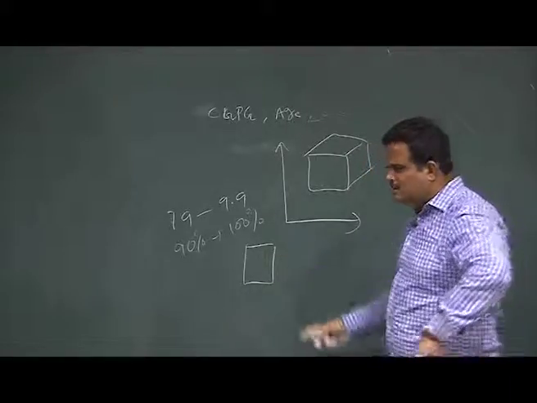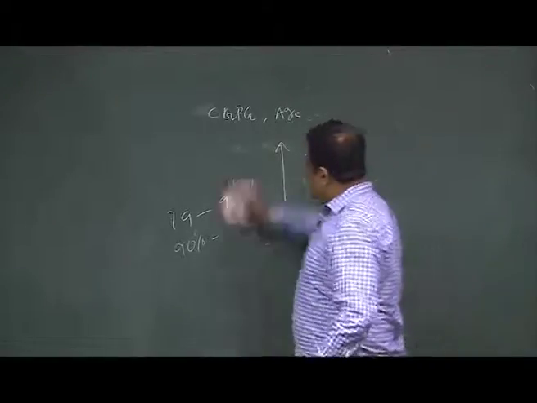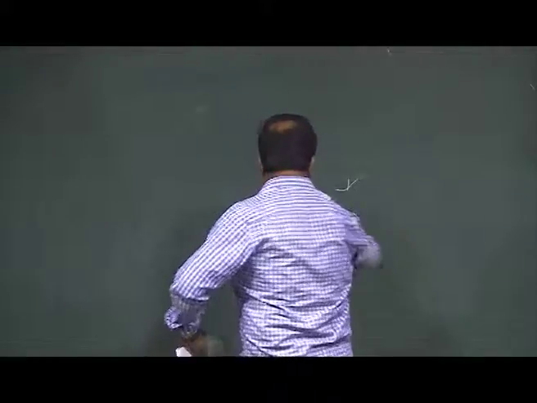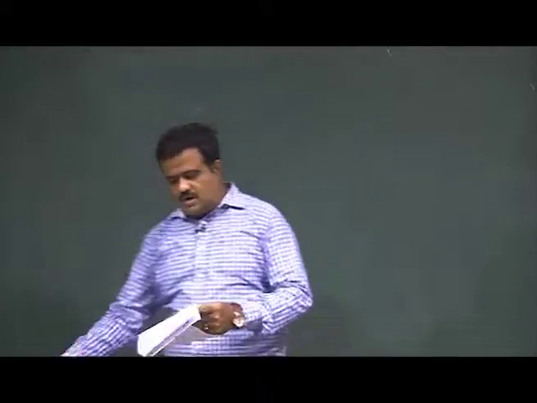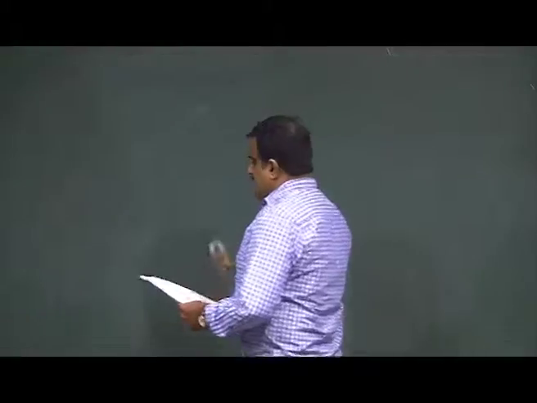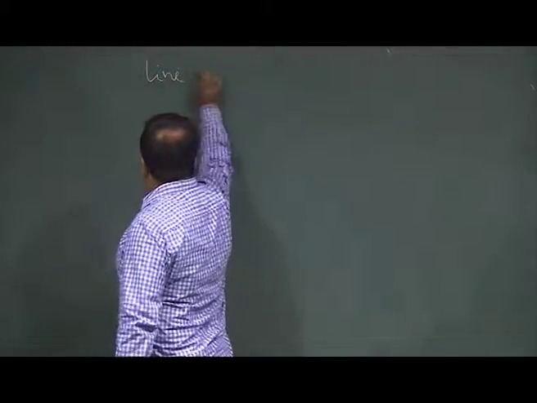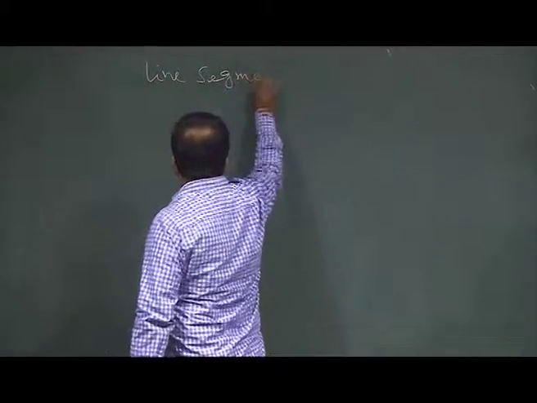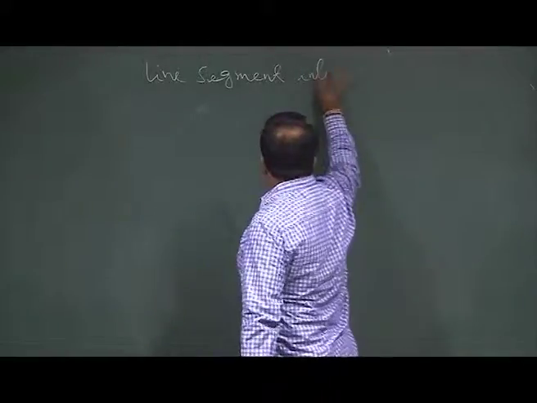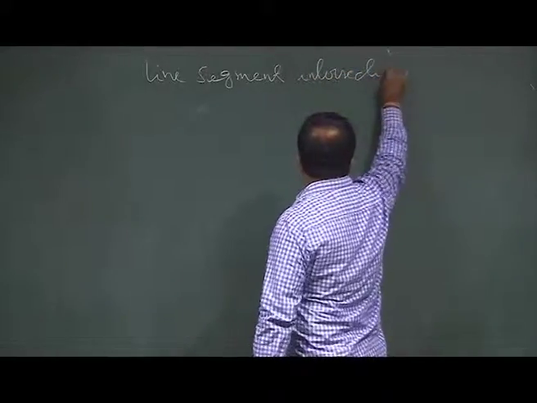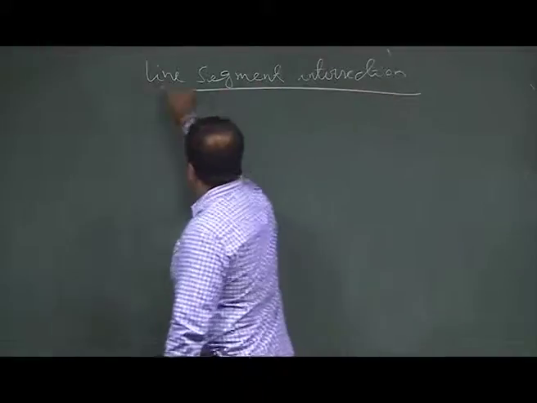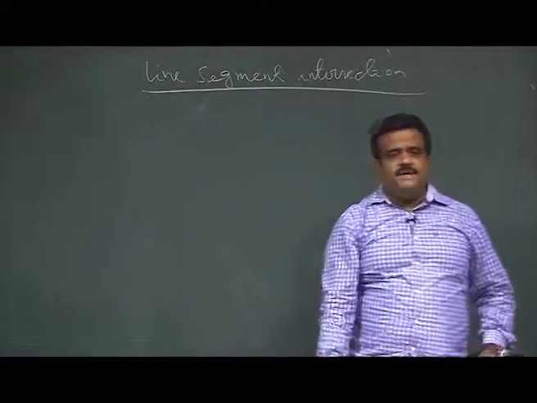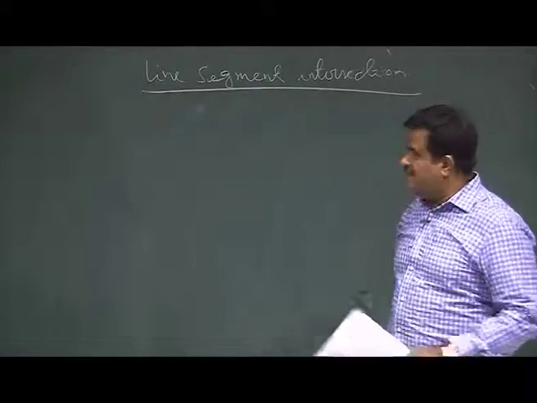So there are lots of applications of range search trees. Anyway, let us have a quick look at another problem which is called the line segment intersection problem. This is also a static data structure.